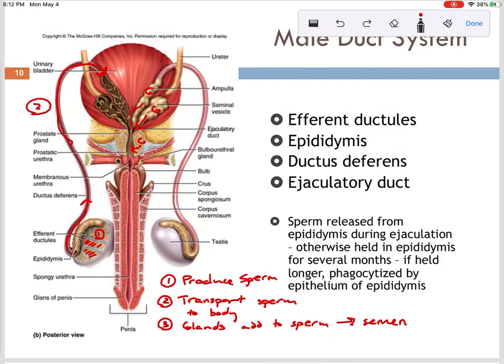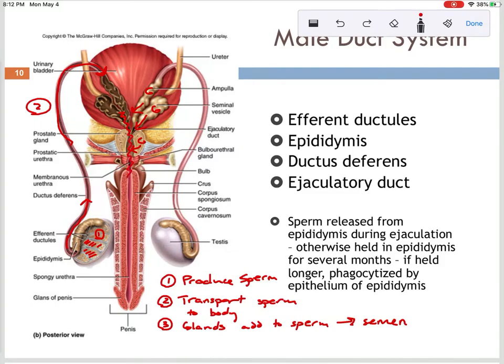One gland here, which is also paired, and the final gland is the prostate gland. What we're going to find out shortly is that they add secretions as the sperm travels down on its way to the urethra, which is inside the penis. Because sperm alone is not enough. We need to provide a fluid medium to allow something for that sperm to swim in. We have to provide a bunch of other things.